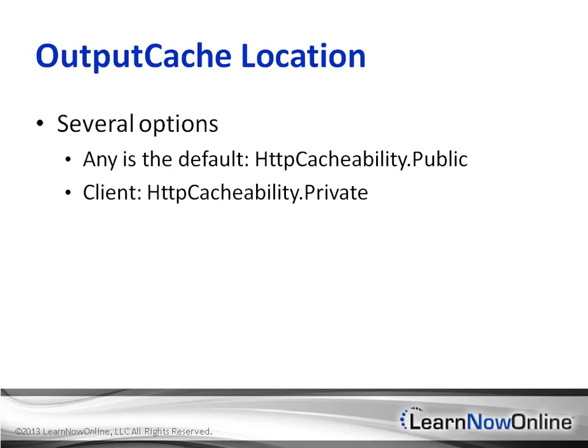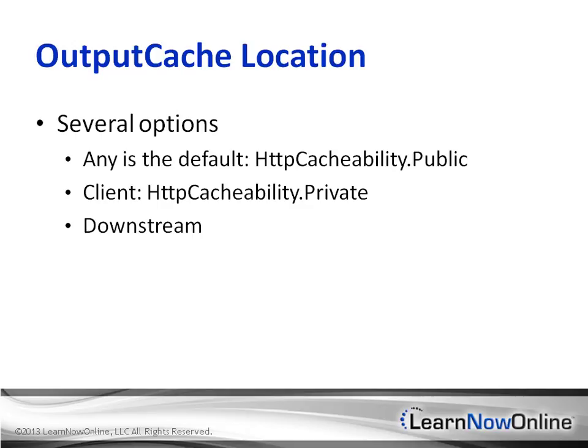Another option is Client. In this case, the output cache is going to be located on the browser client where the request originated. And this value corresponds to the HttpCacheability Private enumeration. Another option is Downstream. In this case, the output cache can be stored in any HTTP 1.1 cache-capable device other than the origin server.